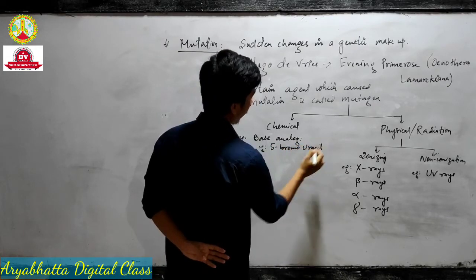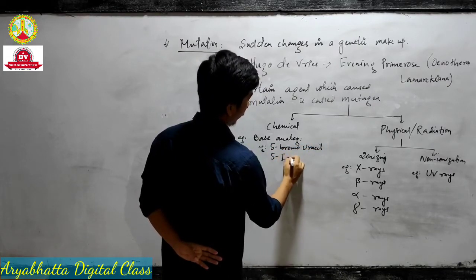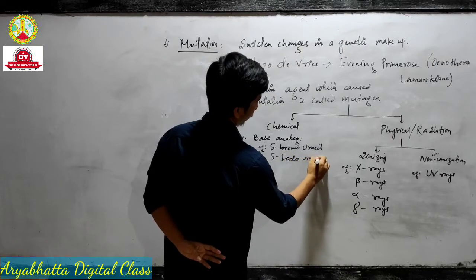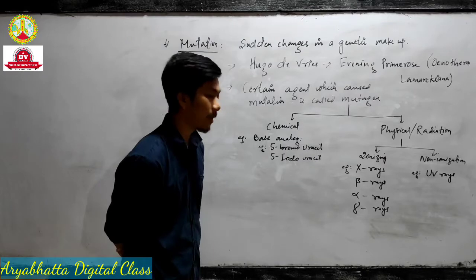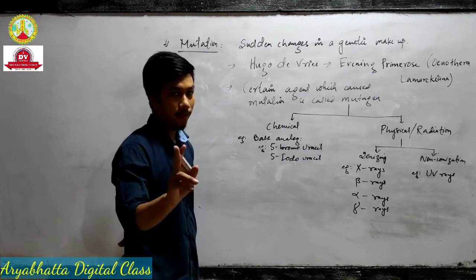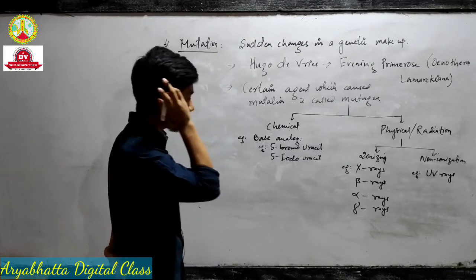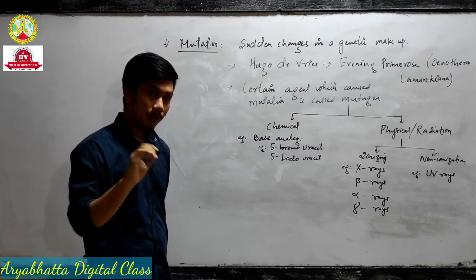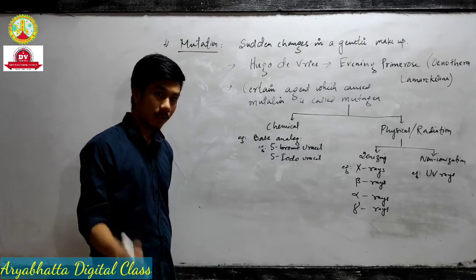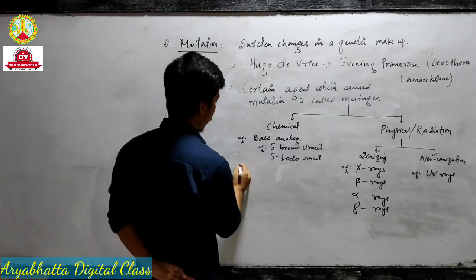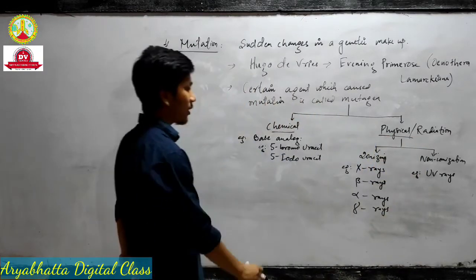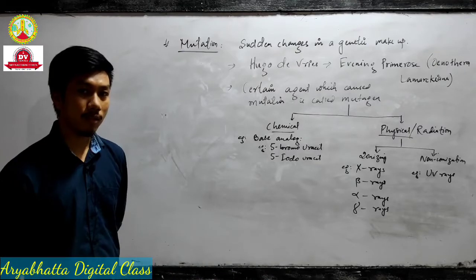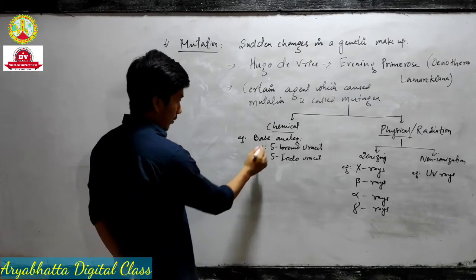Under base analog, we take two examples: 5-bromo-uracil and 5-iodo-uracil. Remember, practice. Whenever you study, write it at least thrice, at least 3 times. Keep on writing again and again. You will remember. That is base analog.